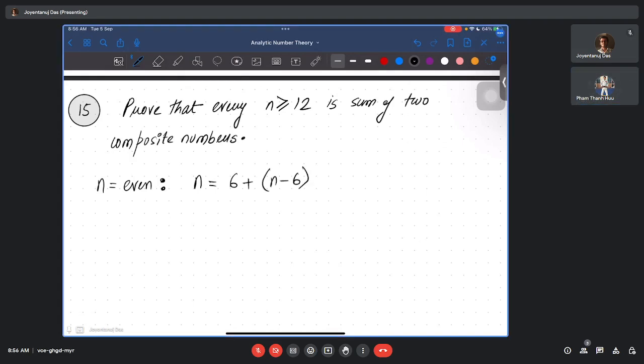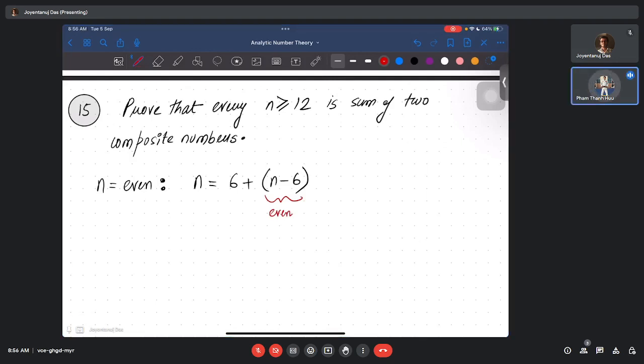This part, n minus 6, is always even because n is even, and it is also greater than 2. So this is fine.